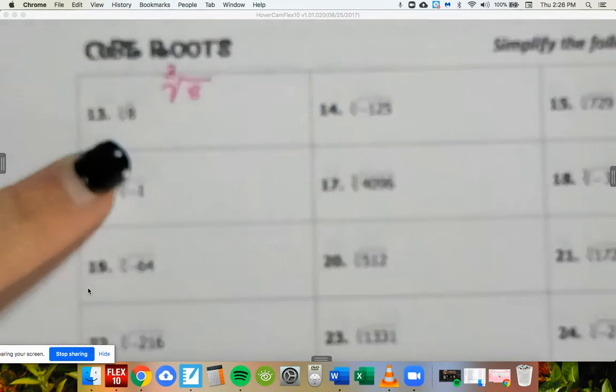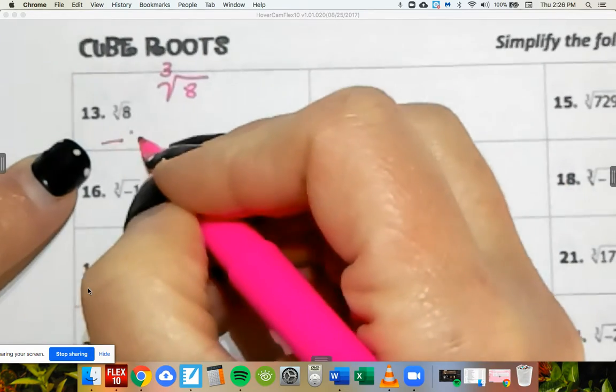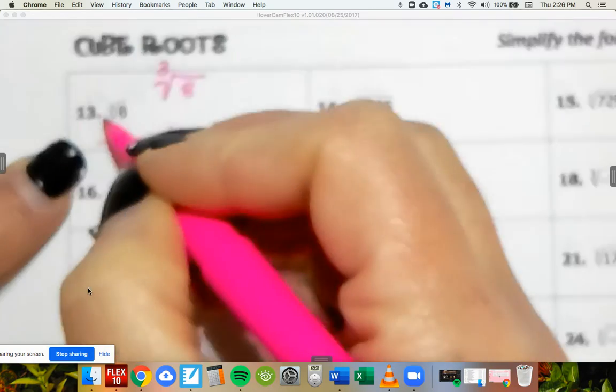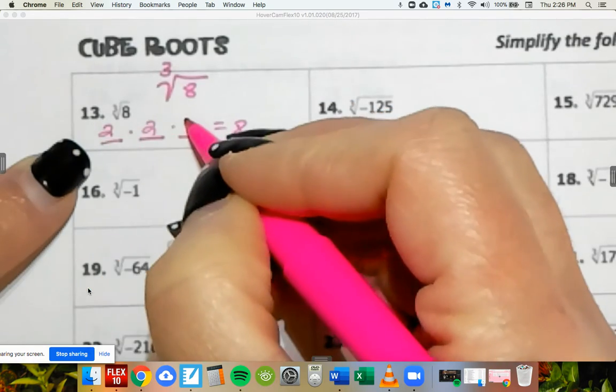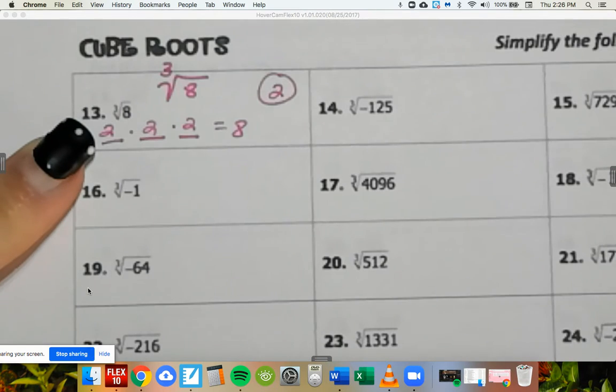Well, we already know because I did this one as an example. So what number times itself again equals 8? And it's 2 times 2 times 2. So the cube root of 8 is 2, final answer. And again, if you finagle around in your calculator, hopefully you can get it to work.